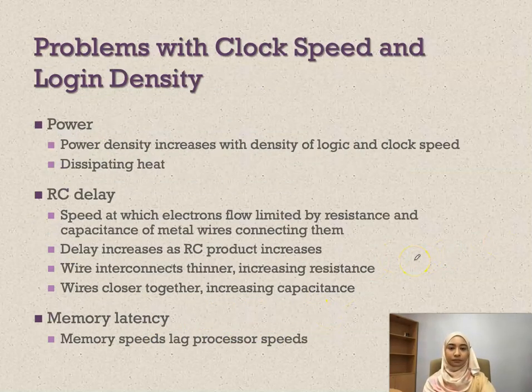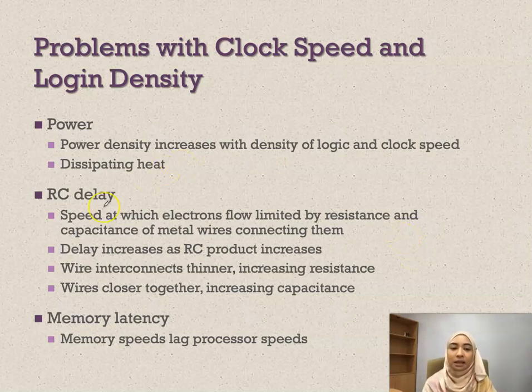And then you have problems with clock speed and logic density, which is related to the power and RC delay and also memory latency. Memory latency means that the memory speeds lag processor speed. The memory cannot keep up with the fast speed of the processor, as previously we have discussed.